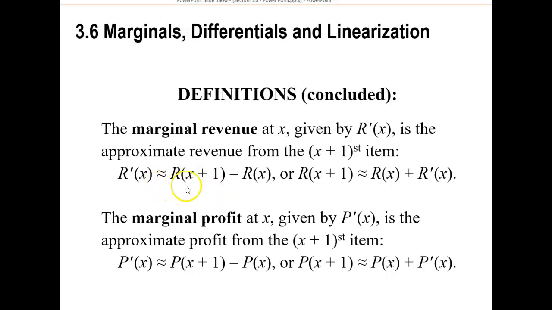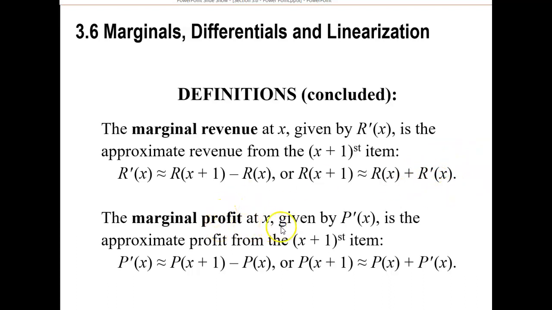So R prime is R of x plus 1 items, or the revenue for the first x plus 1, minus the revenue from the first x is just the revenue from the x plus first. And again, you could rearrange this to say that the revenue for x plus 1 items is the revenue of the first x items plus R prime, which would be the x plus first.